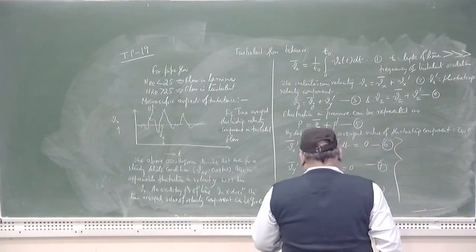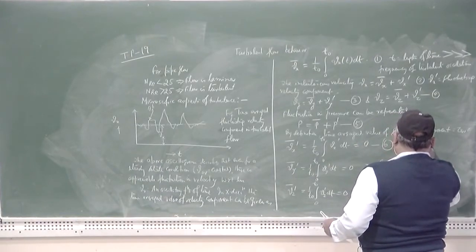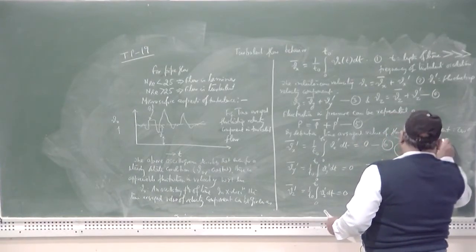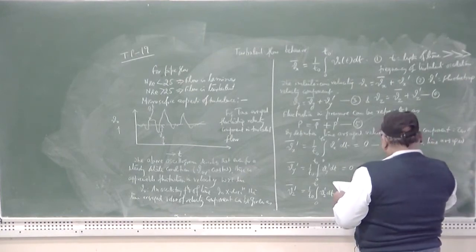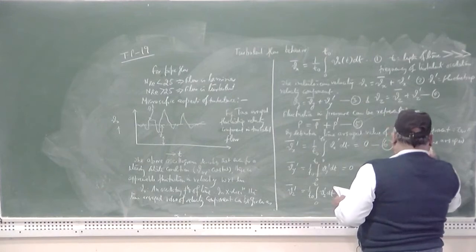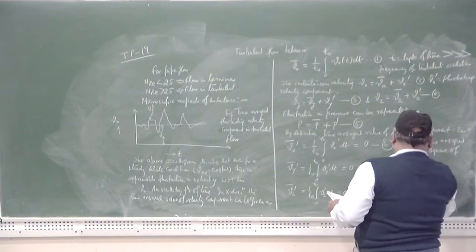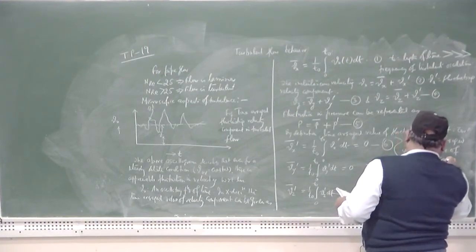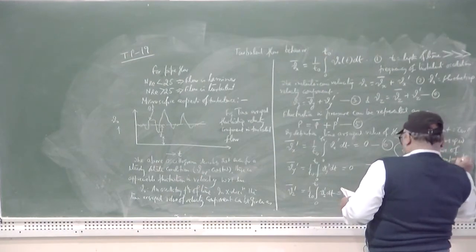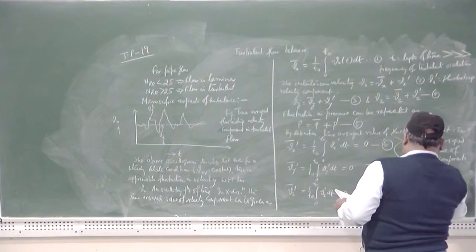However, the time average value of the square of the fluctuating component is not 0. This you should keep in mind.